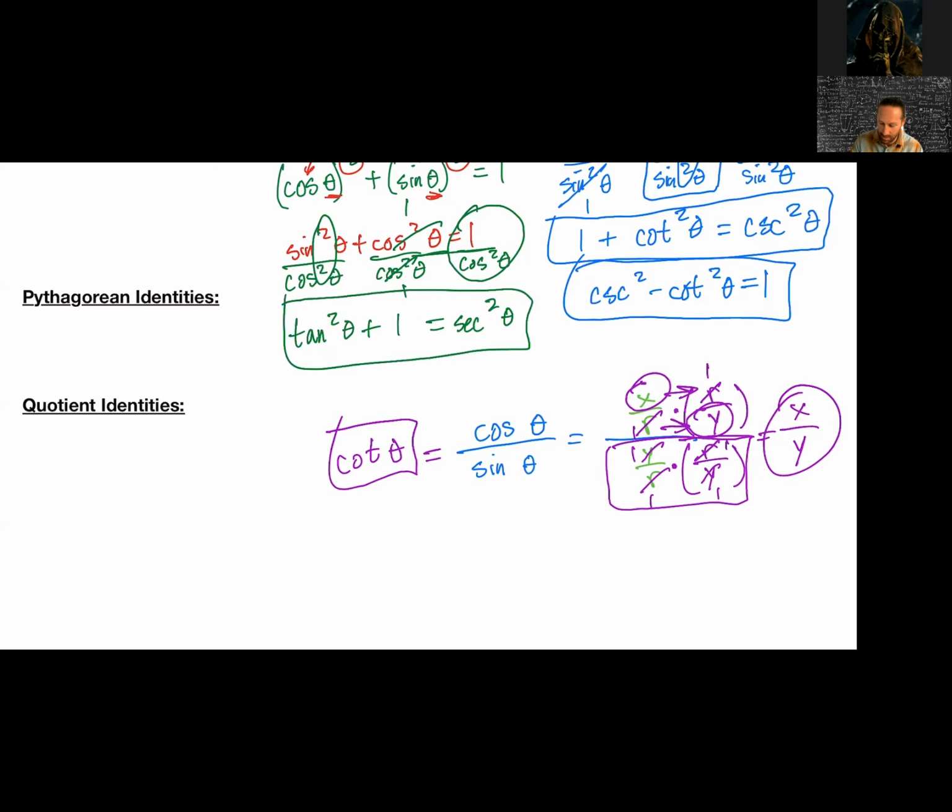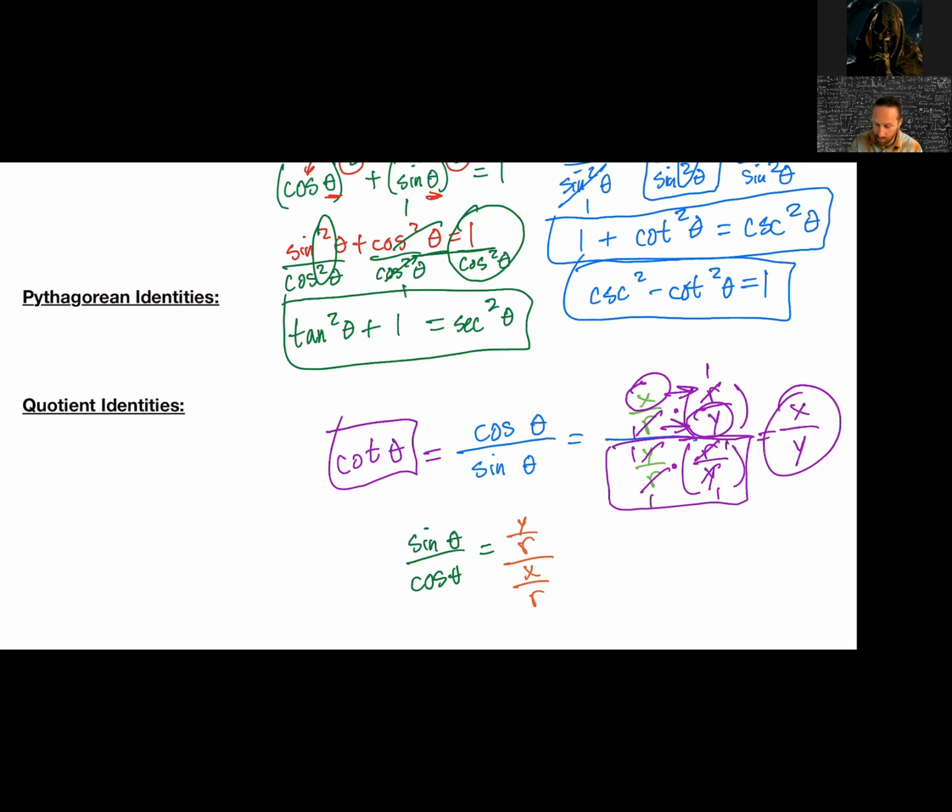Let's take what we had, which was sine over cosine this time. And again, what do we know that sine is always equivalent to? The y over r. And what is the cosine always equivalent to? x over r. And just like we did last time, let's multiply by that fancy one, the reciprocal of the denominator.